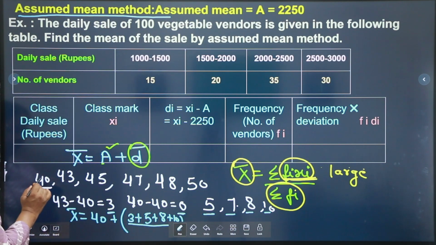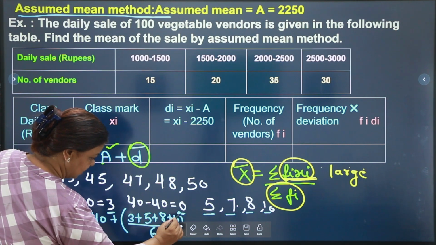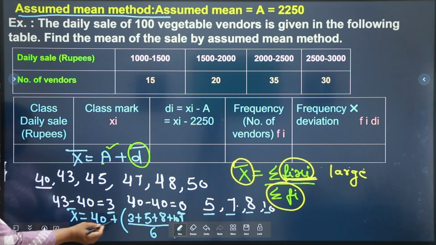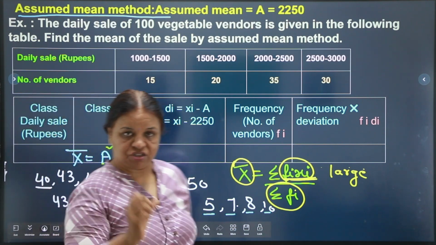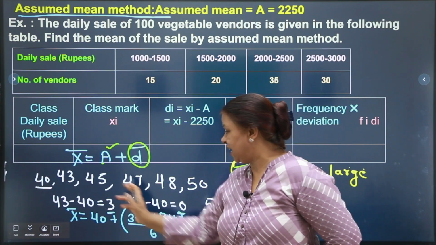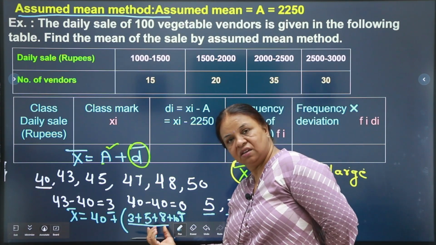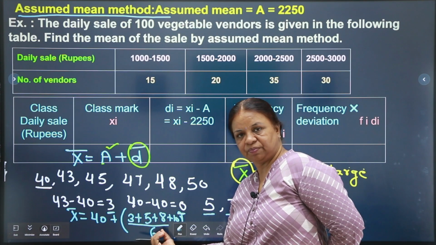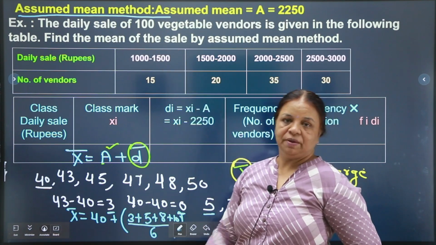How many data are there? 1, 2, 3, 4, 5, 6. So divide by 6. This decreases the calculation, because from the data you are subtracting the assumed mean and the numbers you obtain become less large, and therefore we are using the assumed mean method.